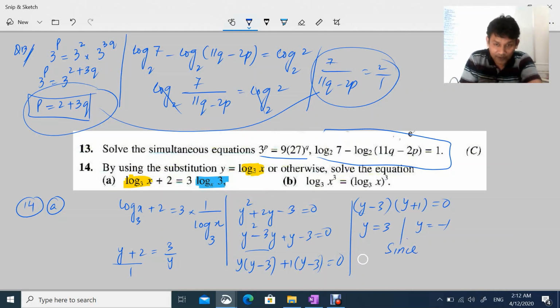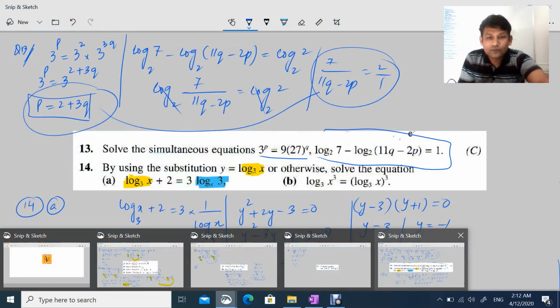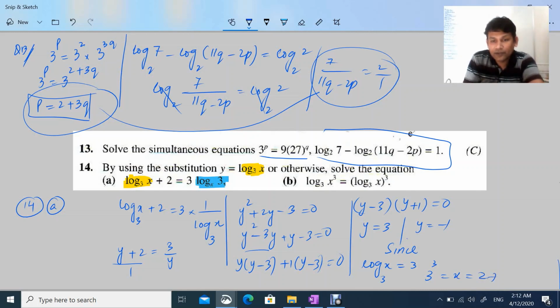Now please don't forget, since y is log 3 x, log 3 x is equal to 3. You can write this in index form: 3 power 3 is x. So 3 power 3 is x, so x is equal to 27, and that's your first answer.